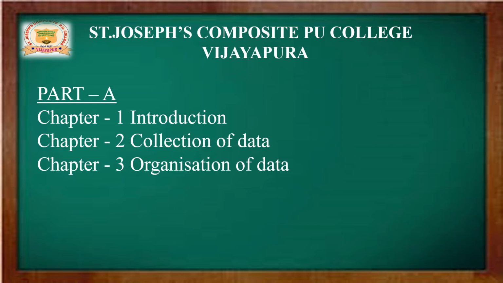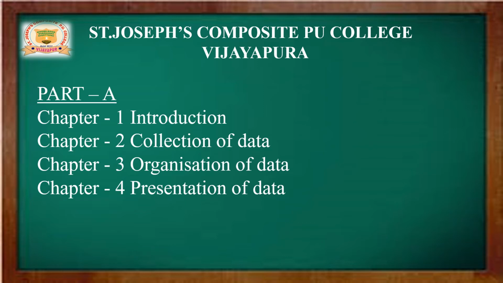So once we collect the data and organize the data, what is the next target? That is presentation of data, which is in chapter number 4. Here we can present the data in different ways. In chapter number 2 you collected the data, and you classified it according to its importance.